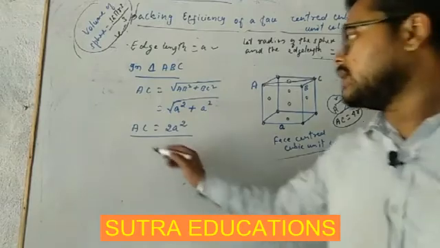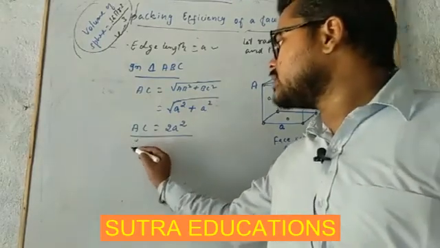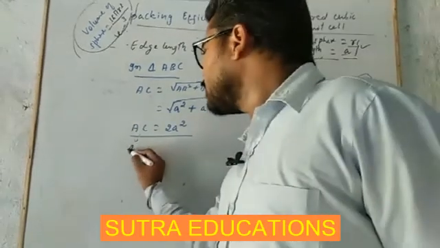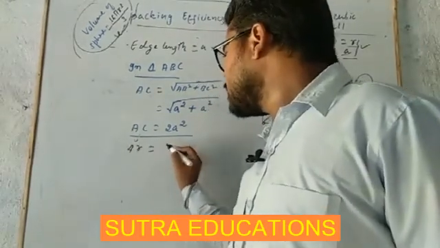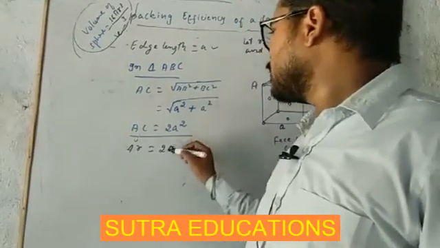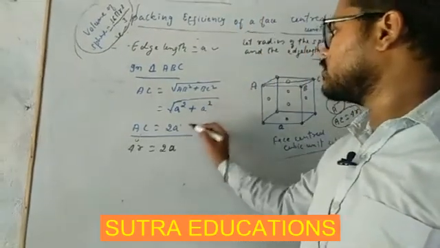Now write 4R in place of AC, so 4R is equal to root 2a, sorry, it is root 2a.